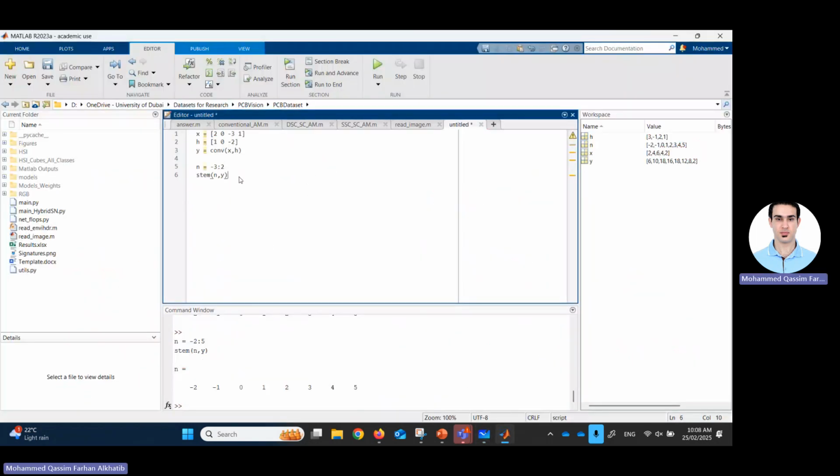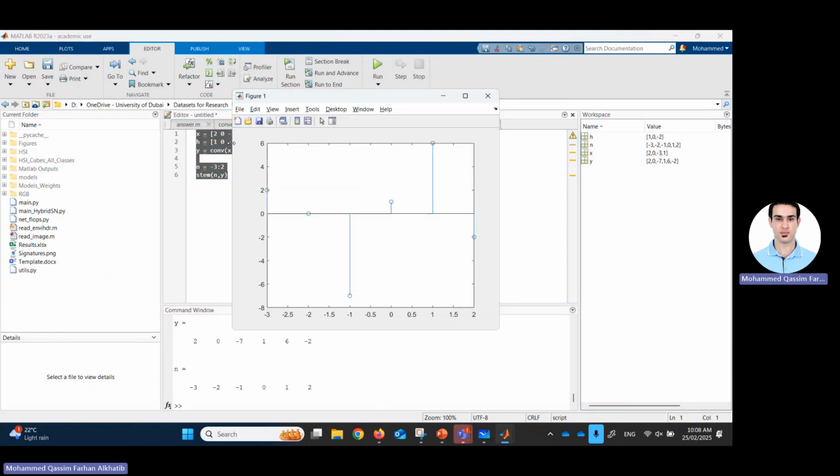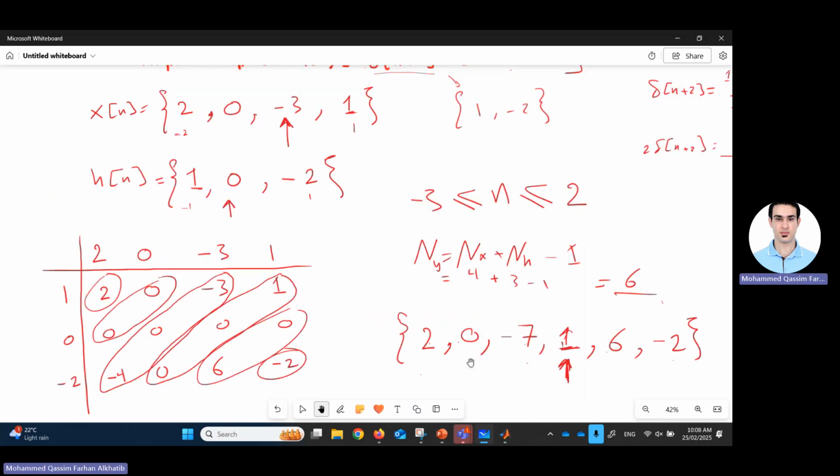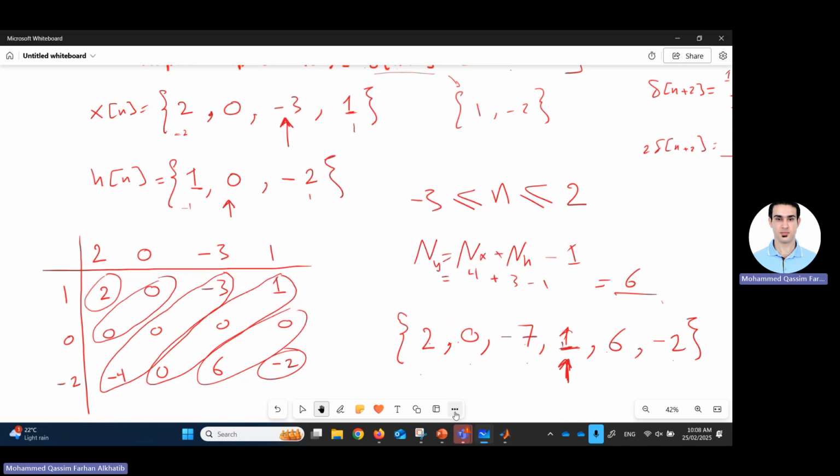And that's it. I'm ready to do the display, evaluate. So my outputs, 2, 0, -7, 1, 6, -2, exactly the same. And the plot of the output. So at 0, I have the value here, 1. And at 1, I have 6, -2, and so on. All right.